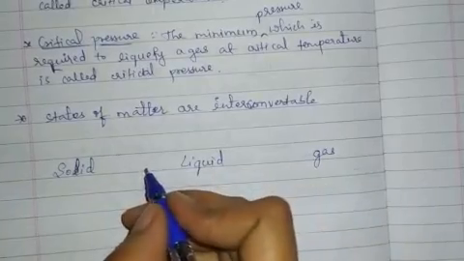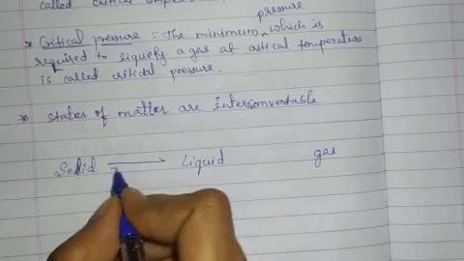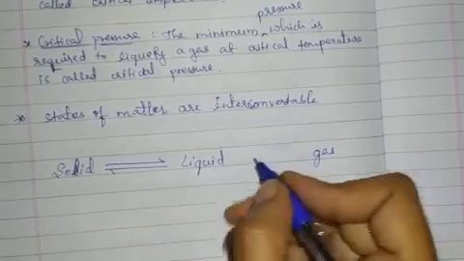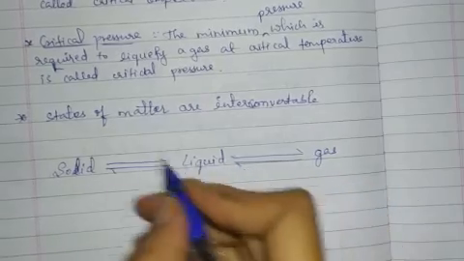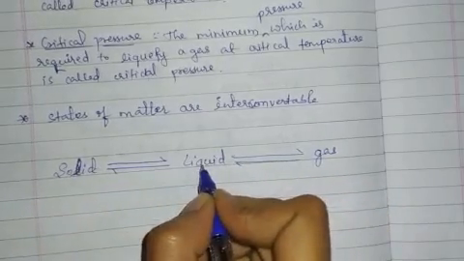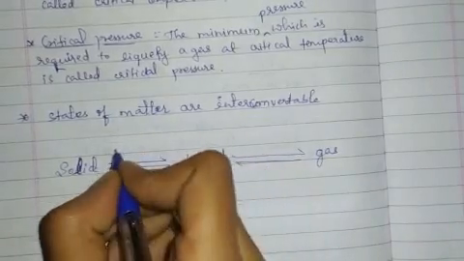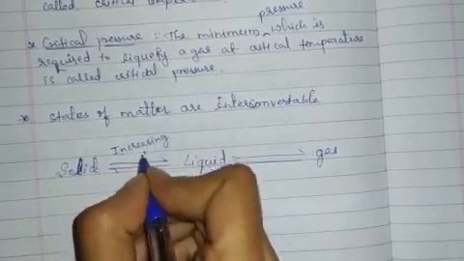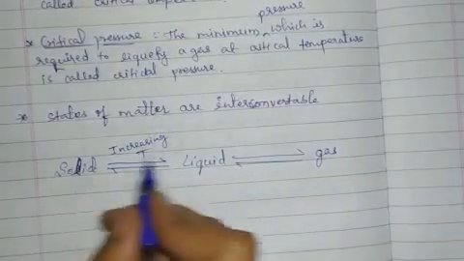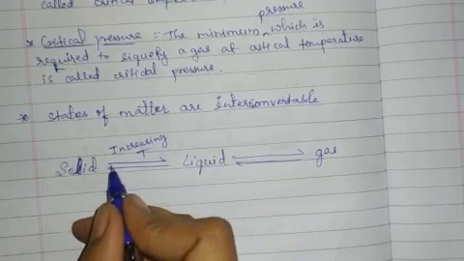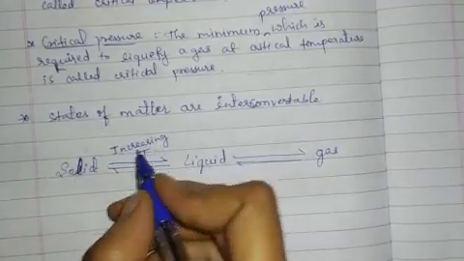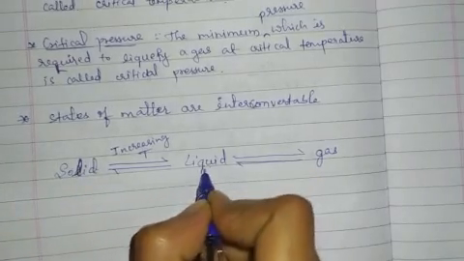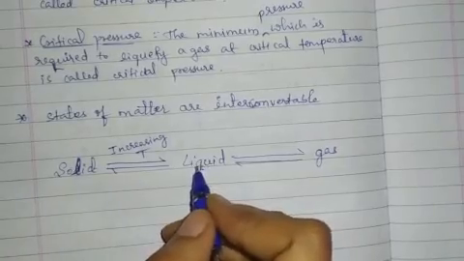They are interconvertible, therefore here I am writing double arrows. Here solid can be converted into liquid by increasing temperature. On heating, this solid can be converted into liquid. Whenever heating is done, obviously temperature will increase. So to convert solid into liquid, we have to heat.